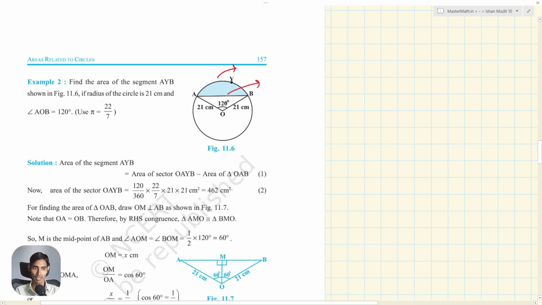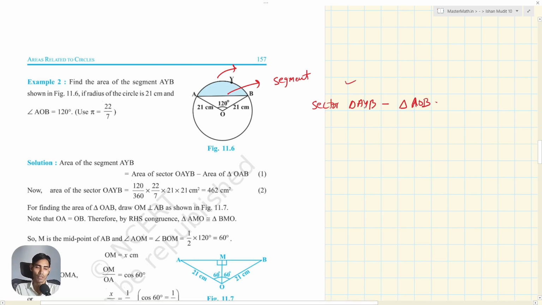So this blue colored area is what the segment is. If we note, it is basically the sector OAYB minus the triangle AOB area, right?